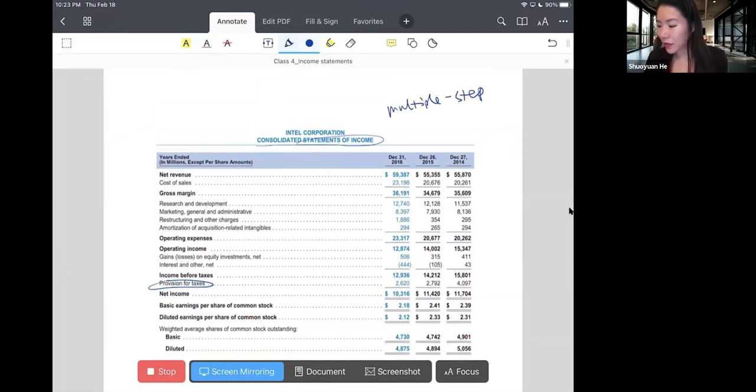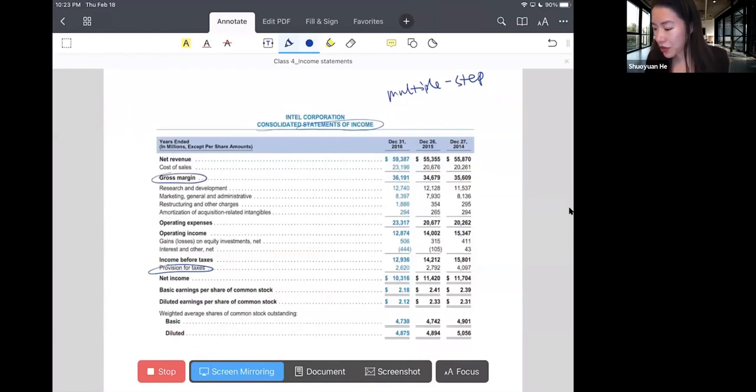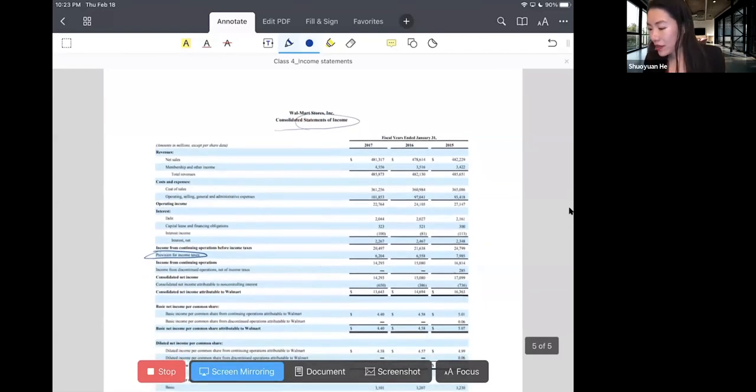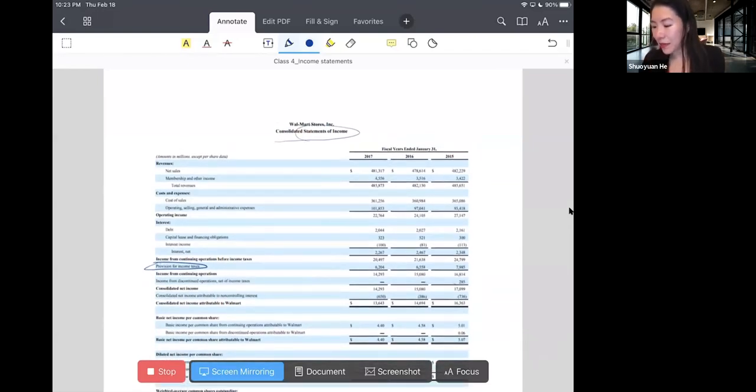So Intel, multiple step. Again, gross margin. So operating expense and then operating income. So all of those are characteristic of multiple step. Walmart, is it single step or multiple step? Multiple step. So as you can see, it is separating operating income from non-operating.